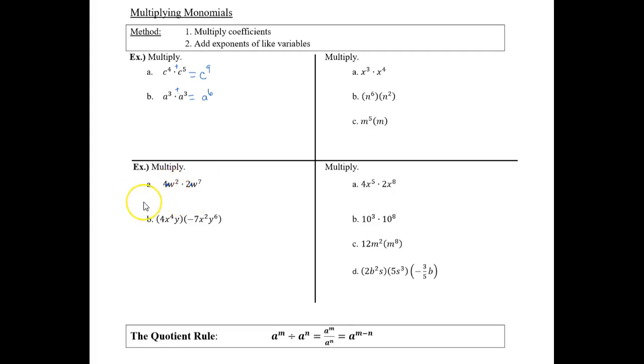So I could rearrange these to make it 4 times 2 times w squared times w to the 7th, and then multiply the coefficients. 4 times 2 would be 8, and w squared times w to the 7th, again we add those exponents and get w to the 9th.